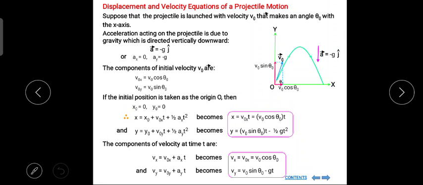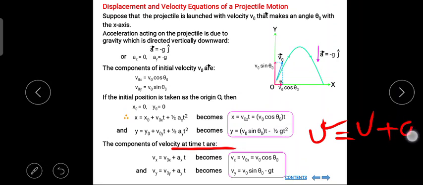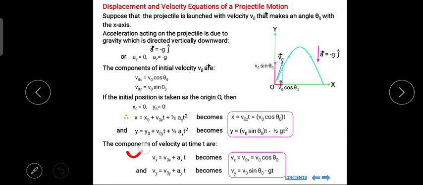Now for the component of velocity at time t, we will apply the first equation of motion. v equals u plus at, where a is the acceleration due to gravity, u is the initial velocity, and v is the final velocity. So the vx component will be v naught x plus a x t, and as the acceleration due to gravity in the horizontal direction is 0, this term will be 0, and vx will be equal to v naught cos theta naught.